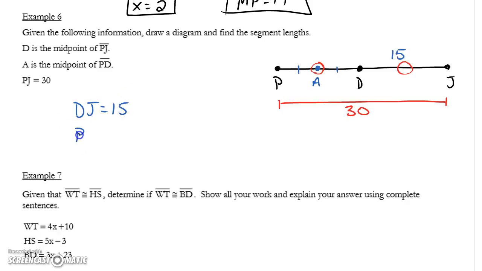And segment PD must also be 15, because I have cut that segment PJ in half. Then if I look at this on a smaller scale and I look just at segment PD, A is the midpoint. That means it cuts segment PD in half. So PA must be half of 15. That's 7.5. And segment AD must also be 7.5.